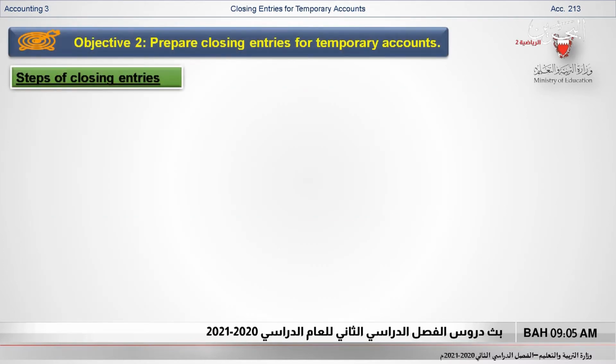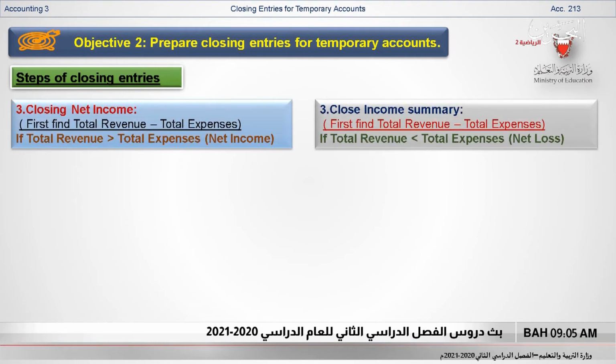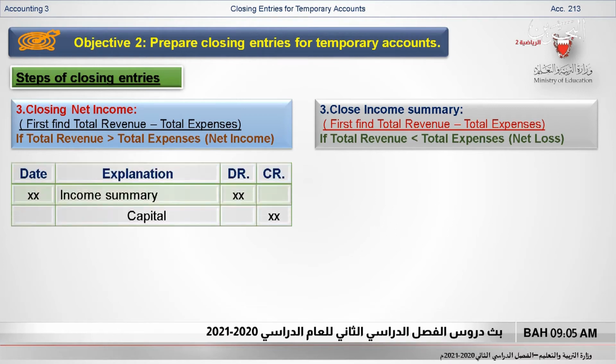The third step is to transfer the income summary balance to the capital account. You have two scenarios here. If the company reported a net income, you have to prepare the following entry: debit income summary and credit owner's capital for the amount of net income.